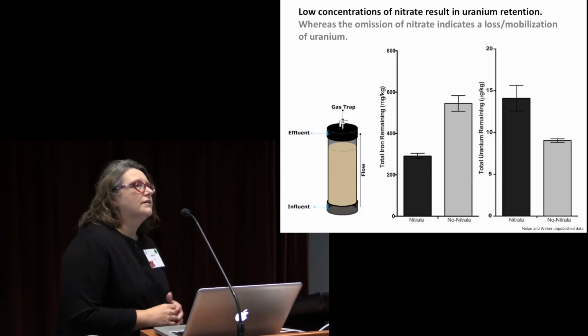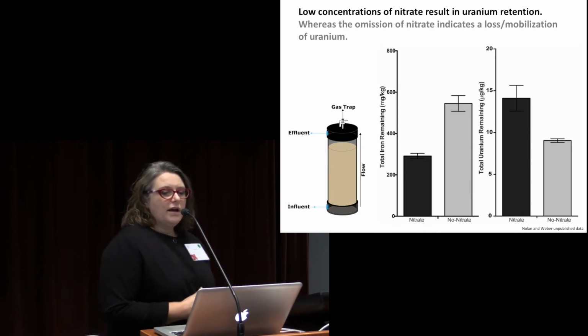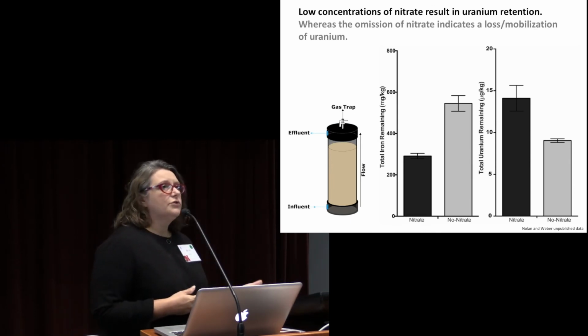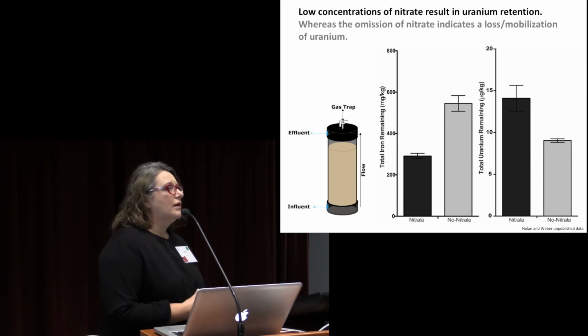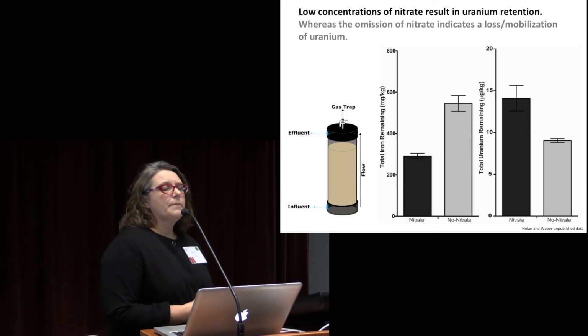We conducted another column study in which we had either no nitrate or nitrate coming through an upflow reactor system. What we ended up seeing is that with low concentrations of nitrate, we actually saw uranium retention within the column.